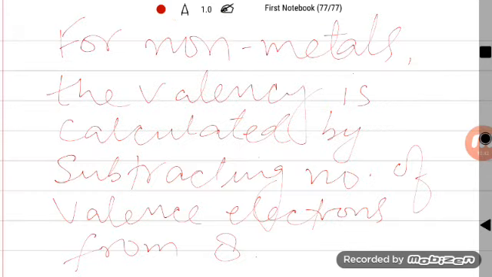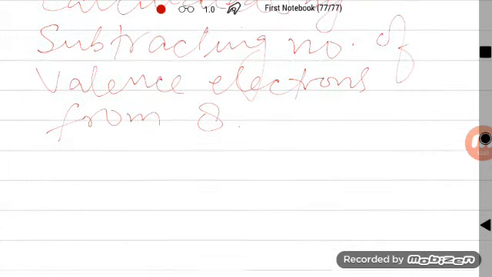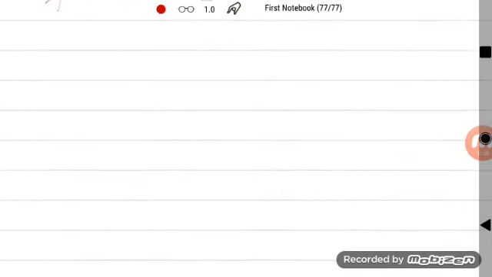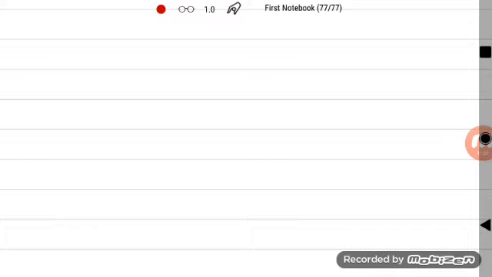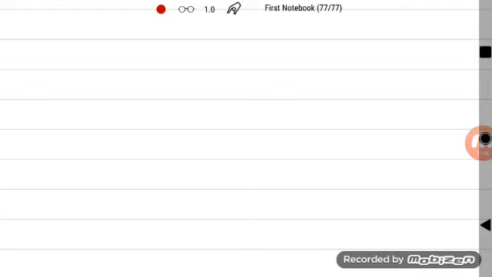Now students, let us see how to calculate the valency for non-metals. For non-metals, the valency is calculated by subtracting the number of valence electrons from 8. Let us take one example. Now we know oxygen. Oxygen is a metal or non-metal? So oxygen is a non-metal.